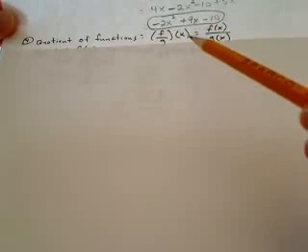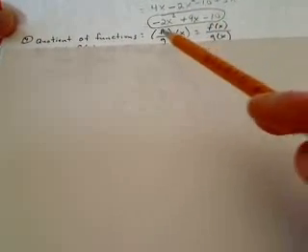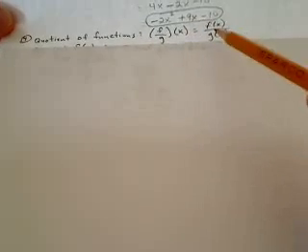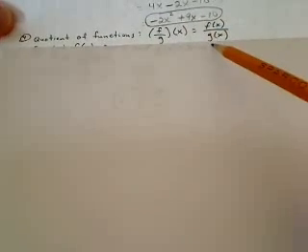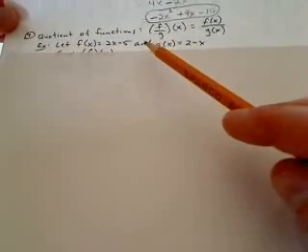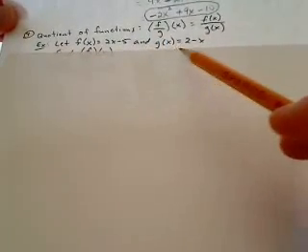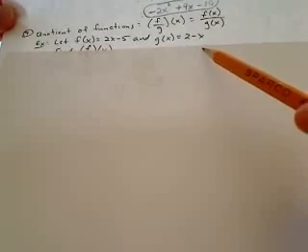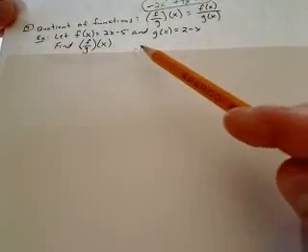Let's talk about the last one, the quotient of two functions. It's f divided by g of x, the same thing as f of x divided by g of x. Let f of x still be 2x minus 5 and g of x still be 2 minus x.